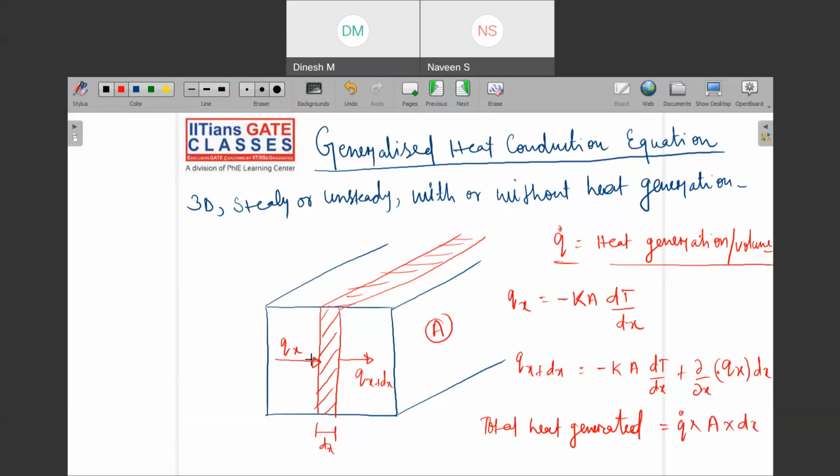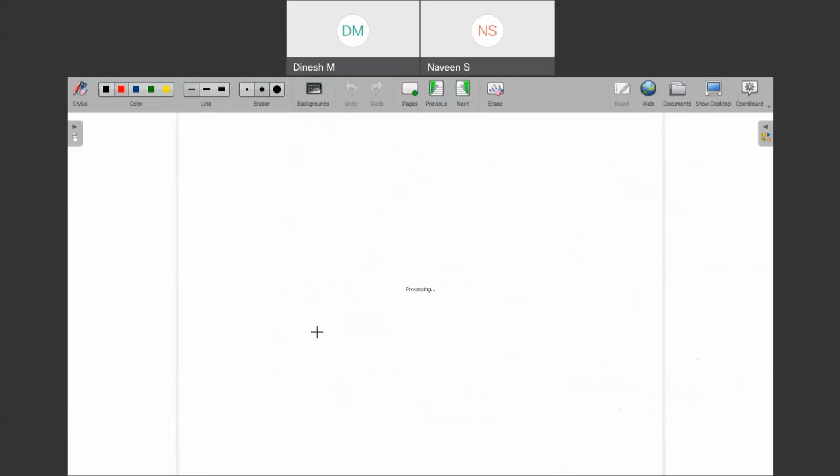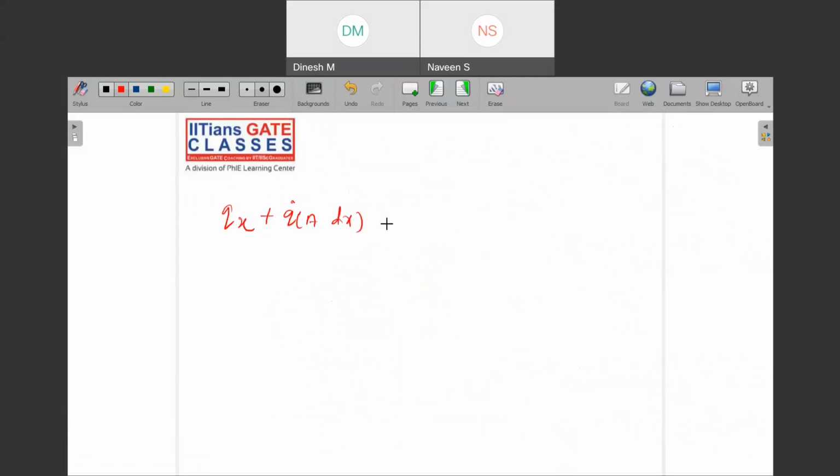Now what I would do is apply energy conservation at this strip, and then see what changes I can observe. So can you see that if this is the case of unsteady state, then this strip is getting qx, plus it is getting the heat generated, q dot A dx, and the thing which is going outside this strip is q of x plus dx, that is one thing.